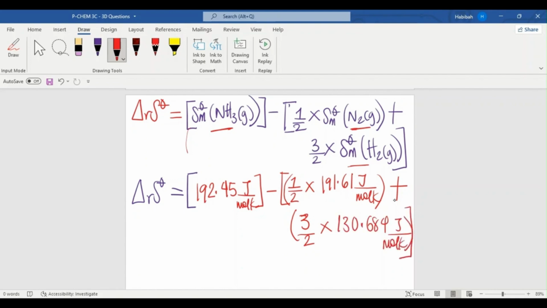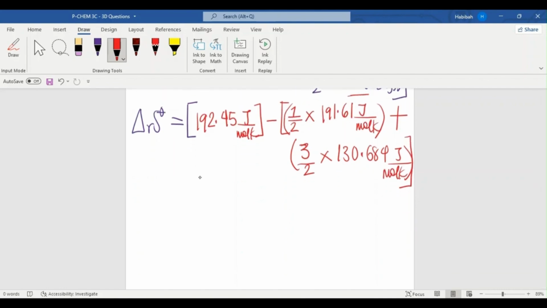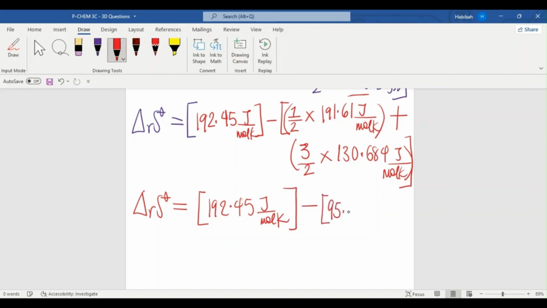So that's it. So you have 192.45. The change in entropy of reaction is just simply 192.45 joule per mole Kelvin, minus half of 191.61 joule per mole Kelvin, which is simply 95.805 joule per mole Kelvin, plus 3/2, or 1.5 times 130.684 joule per mole Kelvin.